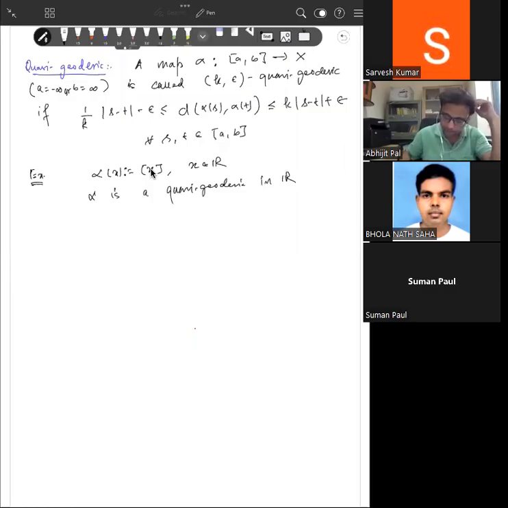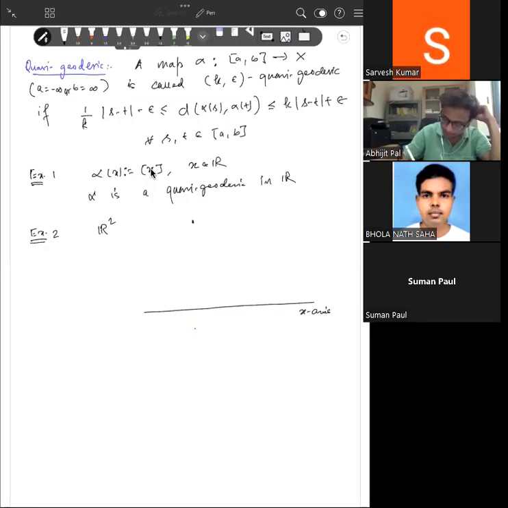Another example, which you can discuss in the tutorial. Let us take R2 and take a straight line, let us take the x-axis. Nothing special about this x-axis.